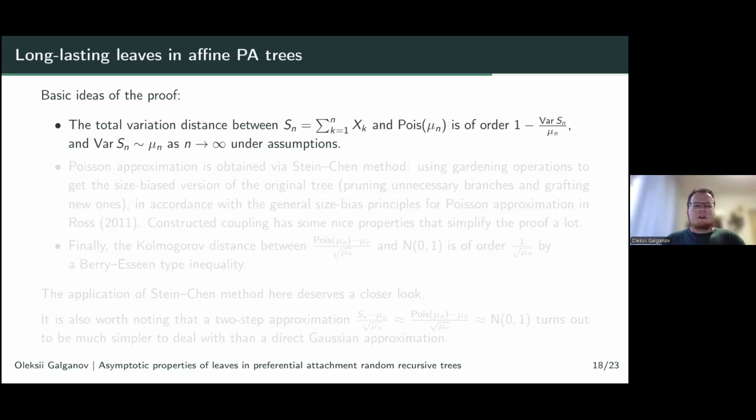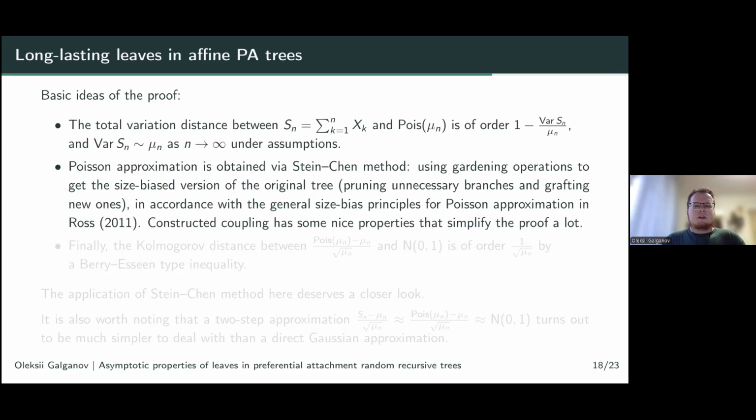From here, this asymptotic for total variation distance is obtained using the Stein-Chen method. We will cover it a bit later, but it's a general idea to construct some coupling and use this coupling to bound the total variation distance between this sum of indicators and the Poisson random variable.